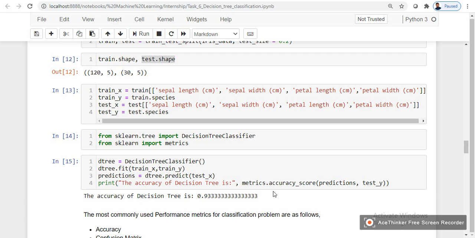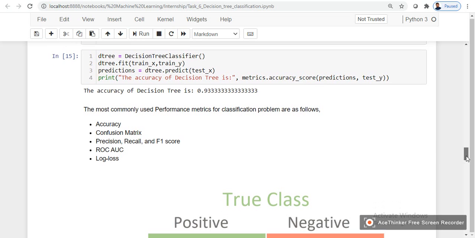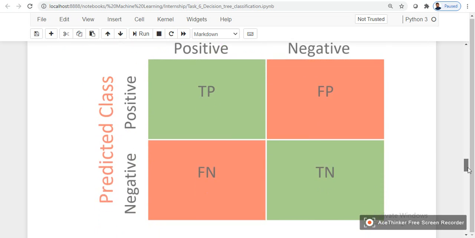So we have to look at other metrics for this classification problem. They are accuracy, confusion matrix, precision, recall, and F1 score, and also the ROC AUC curve, and we can also look at the log loss function.